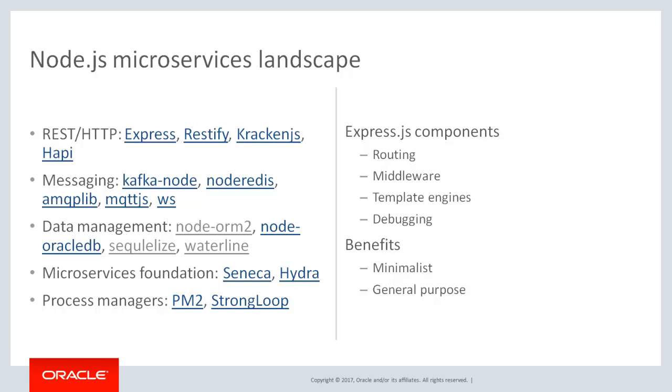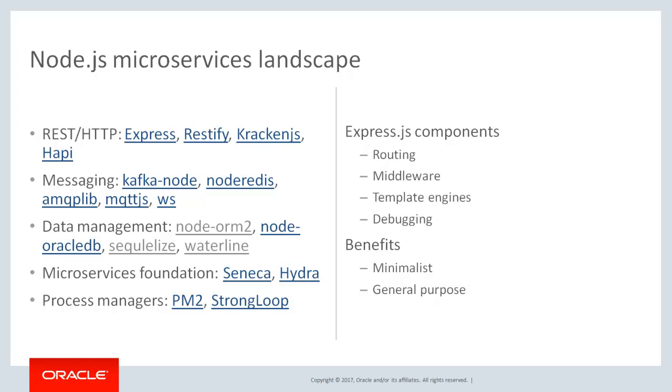For data management, there are a few frameworks as well, including Node ORM2 and Sequelize, which commonly support MySQL, Postgres, MongoDB, and Redis as well, right? And a bunch of other databases as well.